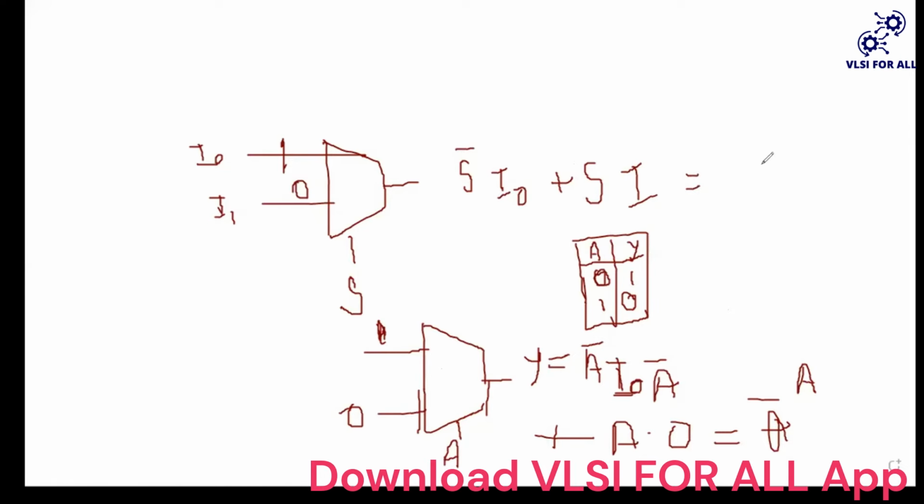In place of select line, we have used A. A bar, what is the I0? 1 into 1 plus, in the place of S, we have used A, and in the place of I1, we have used 0. So we can get A bar using mux.